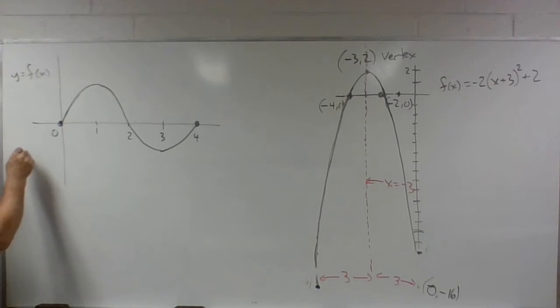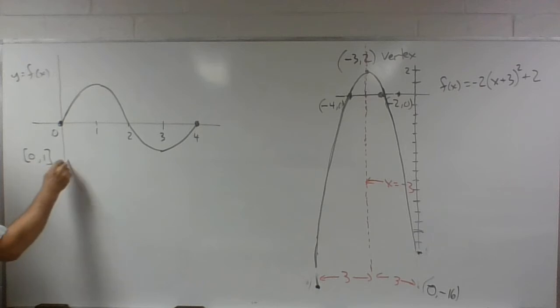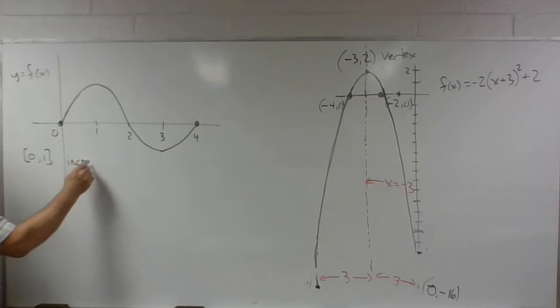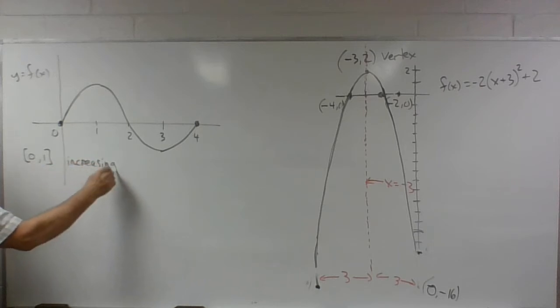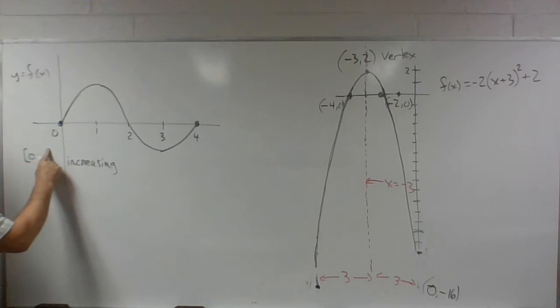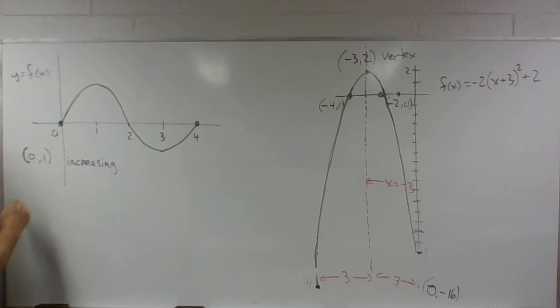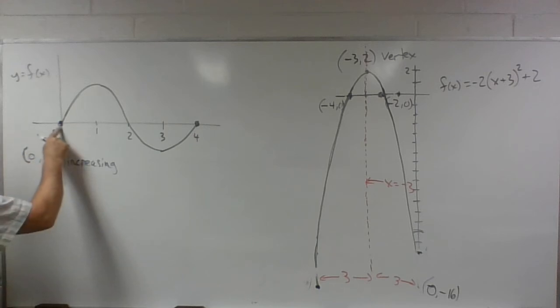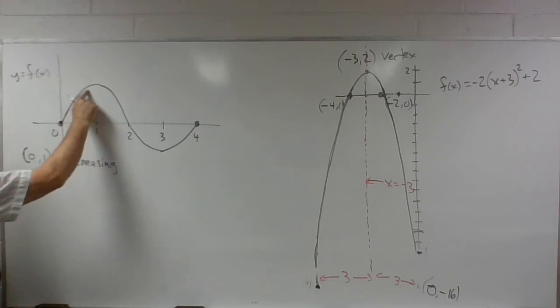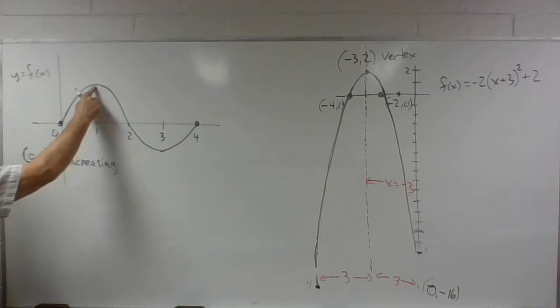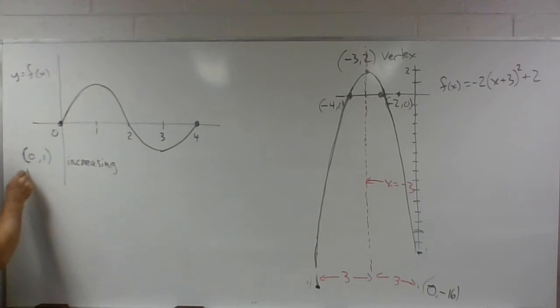So on the interval from 0 to 1, I'll say increasing. They want us to use open intervals, I think. So on the interval from 0 to 1, the graph goes uphill. F of x is increasing.